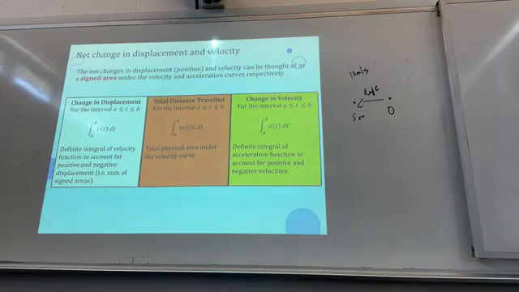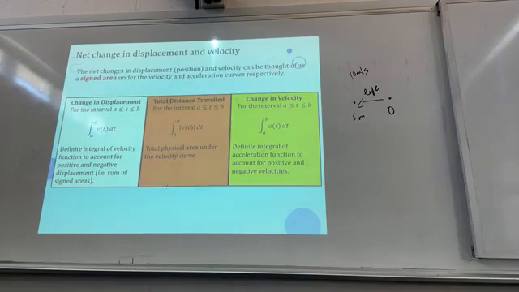We're going to use delta again, delta x or delta y. Go back to your total change lesson about three lessons ago. So the net change or total change in displacement or position and velocity can be thought of as a signed area under the velocity and acceleration curves respectively.